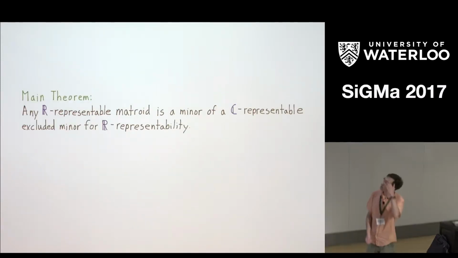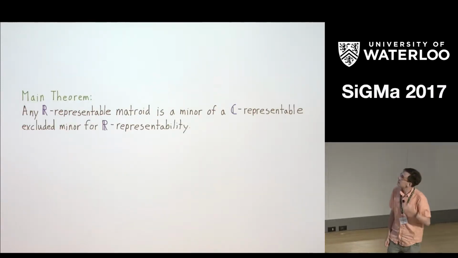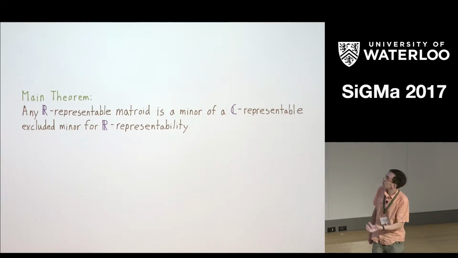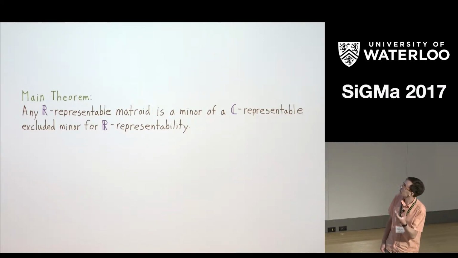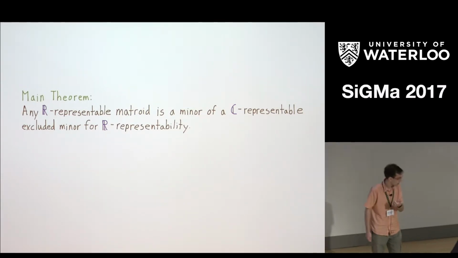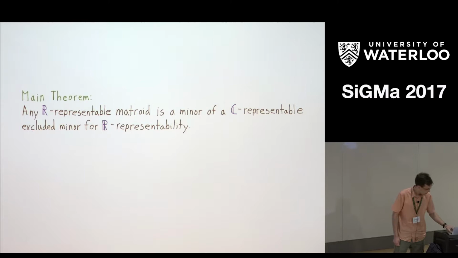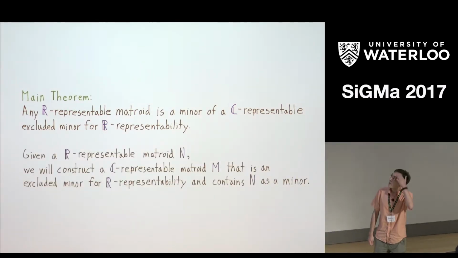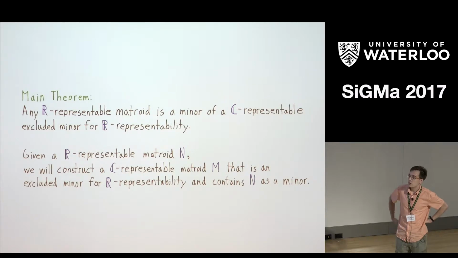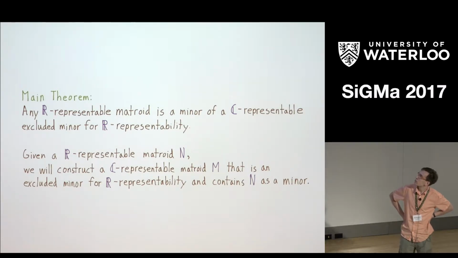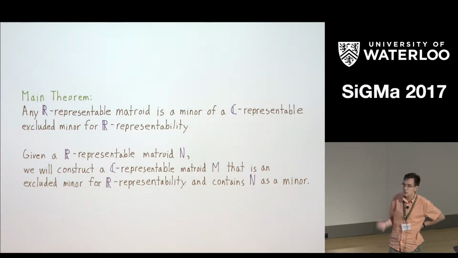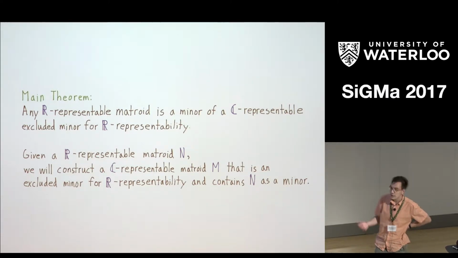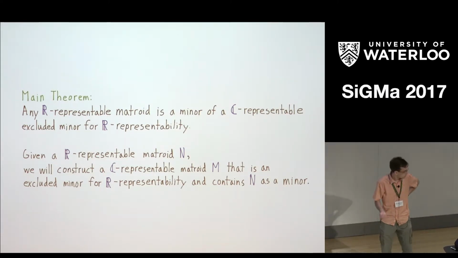We find that even in this case, the complex representable excluded minors are at least as wild as the real representable matroids themselves. So I'll quickly go over the construction we used. Starting off with a real representable matroid N, we'll construct a complex representable matroid M that's an excluded minor for real representability and contains N as a minor.